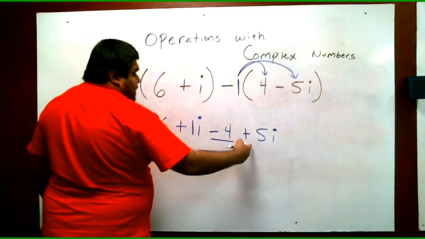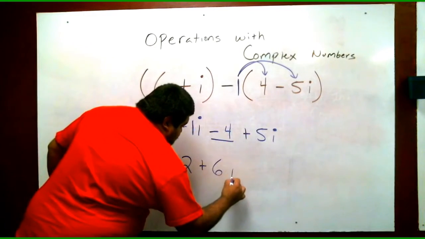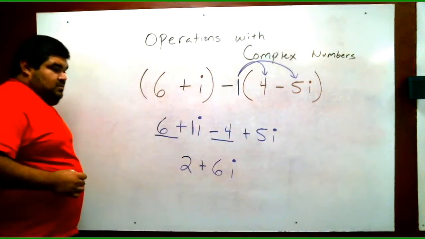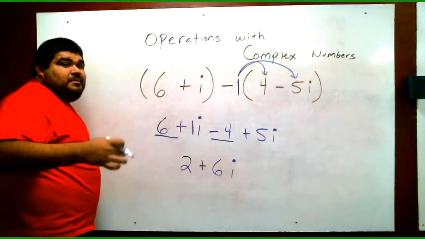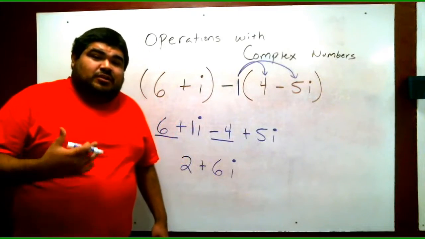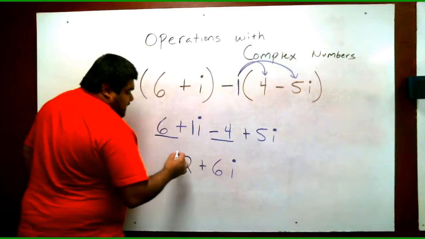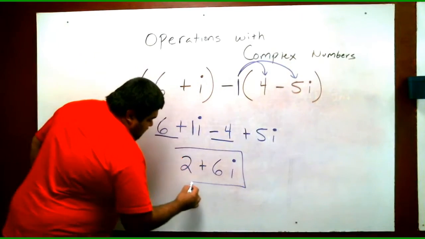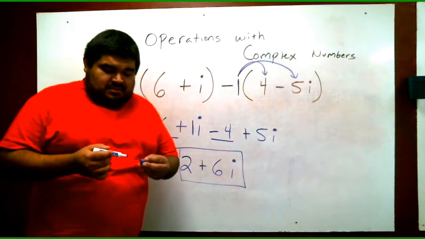So we have 1 plus 5, positive 6i. Like I said, don't alter the i's. All you have to do is keep the same. Think of when you're adding and subtracting fractions, you keep the same denominator. So that is our answer, since we cannot reduce it any further: 2 plus 6i.